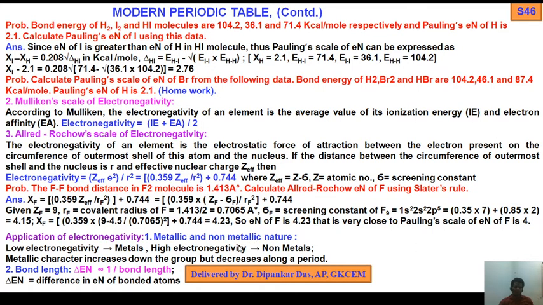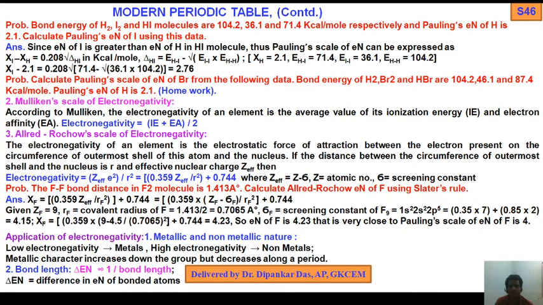Now your job is to find sigma F. Chi F equals 0.359 times effective nuclear charge by r squared F plus 0.744, where Z effective equals Z F minus sigma F. You know the value of r F and Z F. Now we have to find the value of sigma F, the screening constant of fluorine.